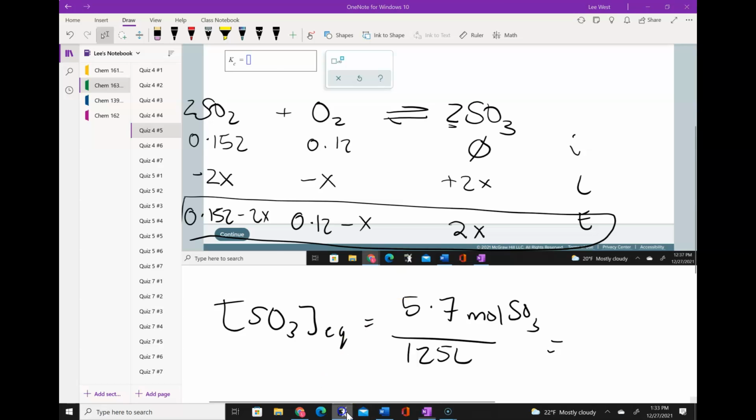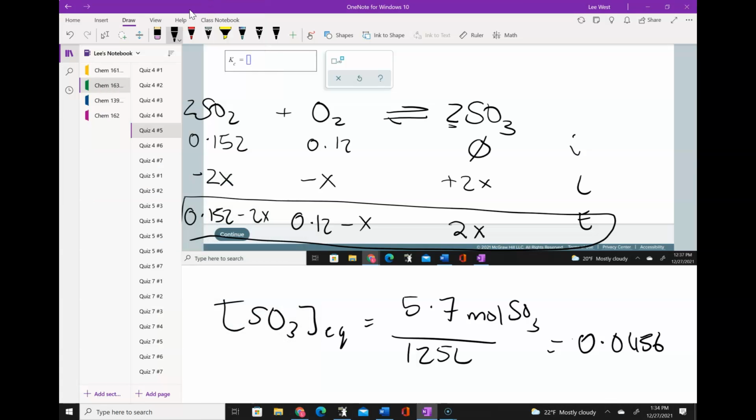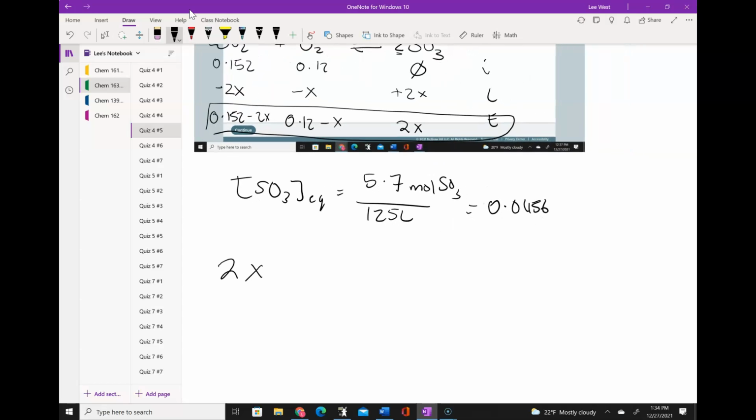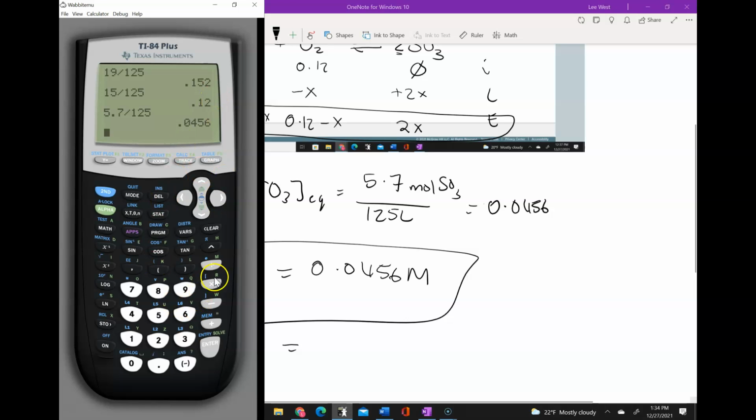So the equilibrium molarity of the SO3, 5.7 divided by 125, is 0.0456. And that's equal to 2x, right? So 2x equals 0.0456 molarity. So x is half of that, 0.0228.